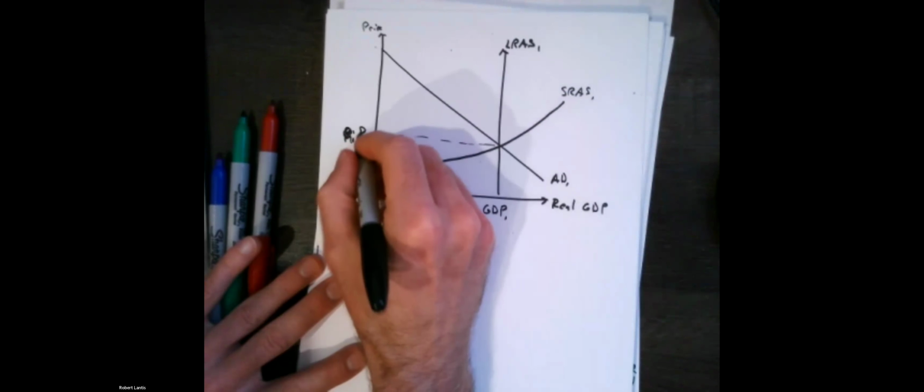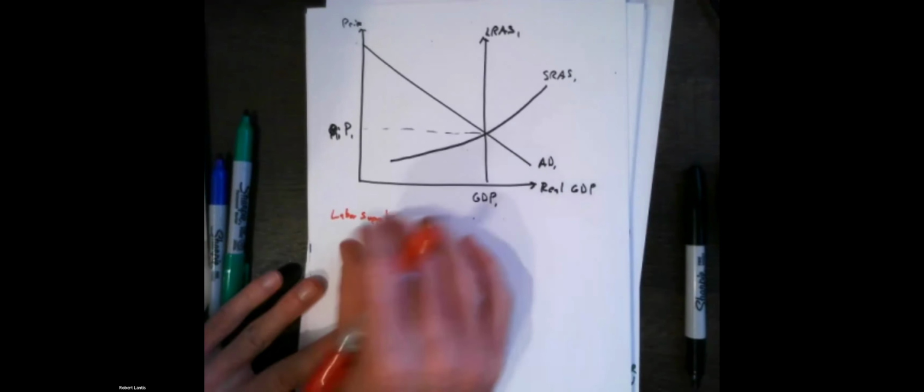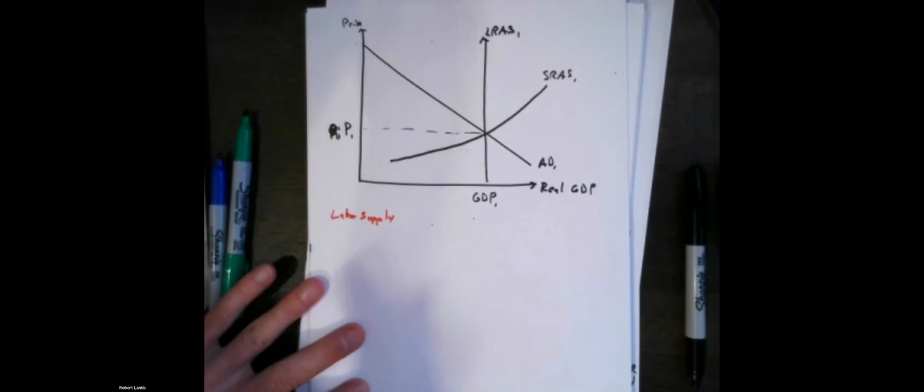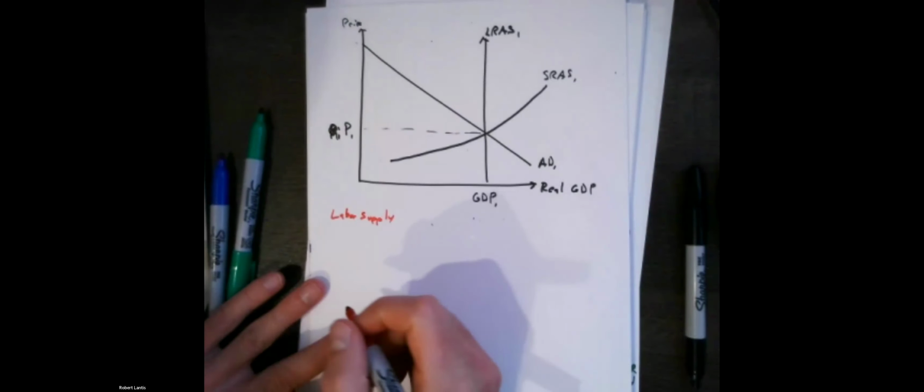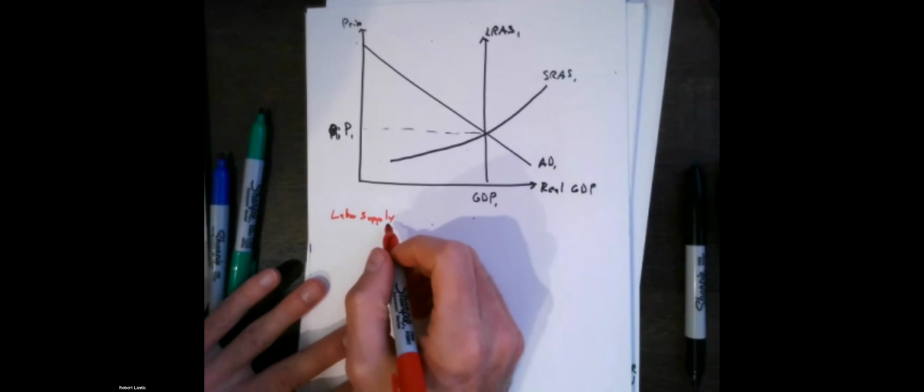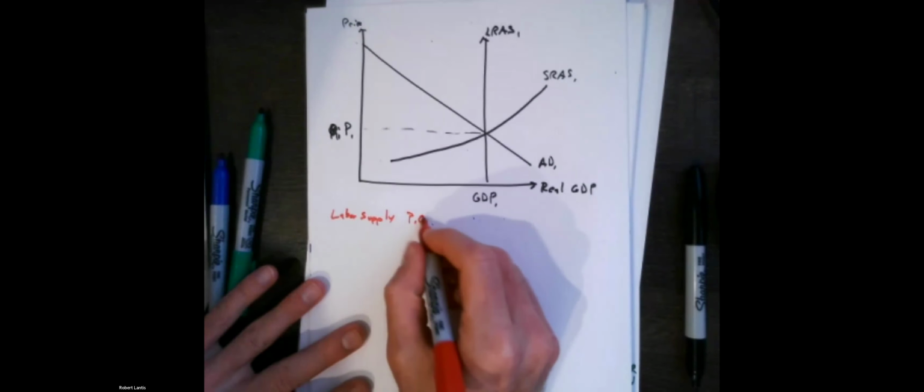Okay. Let's instead assume that I've got a change in, let's say, labor supply. And this is once again in the problems. I'm not always going to tell you long run aggregate supply decreases or increases. I'll give you a change, and then you should know based off of what we talked about in Module 5 which of these curves is going to shift. So labor supply was one of those factors of production.